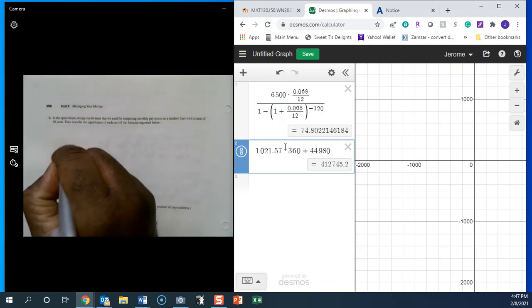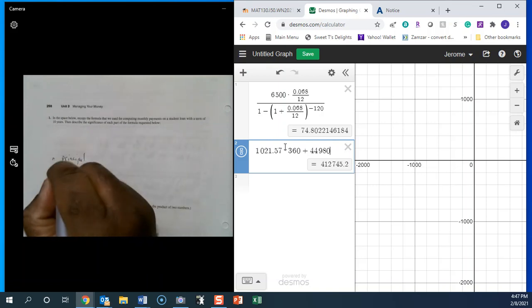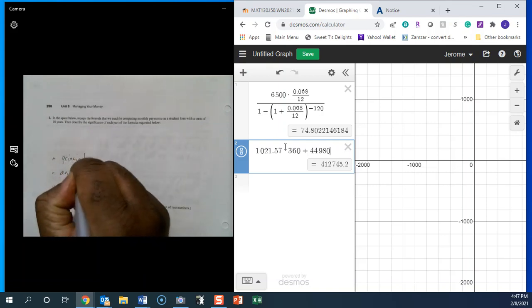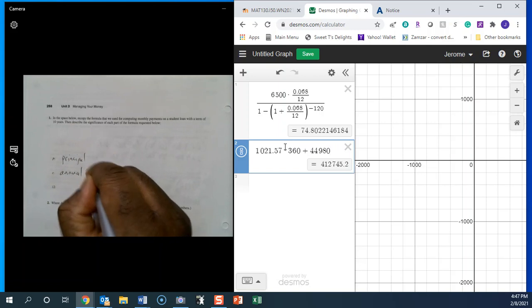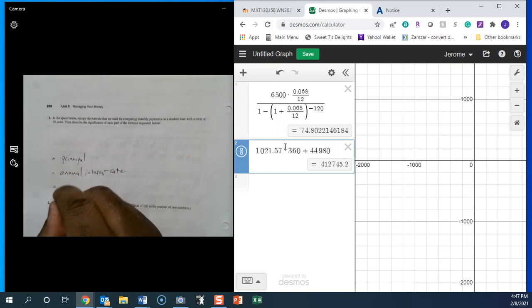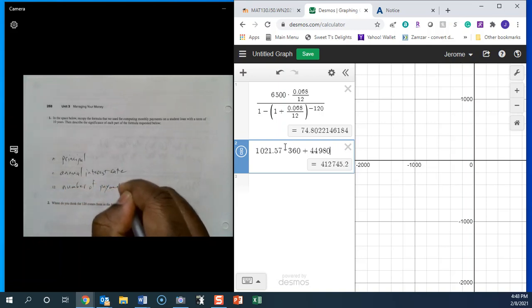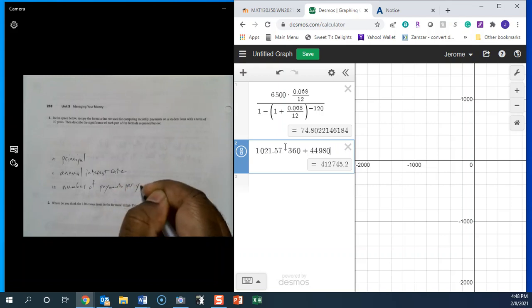Okay, first of all, this is the principal. And then the R is the annual interest rate. And then this 12 is the number of payments per year.